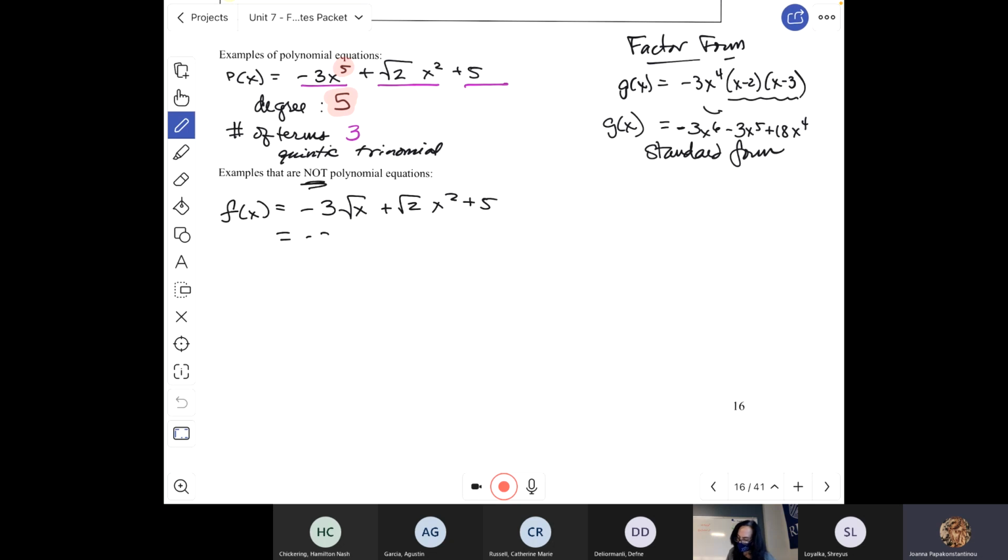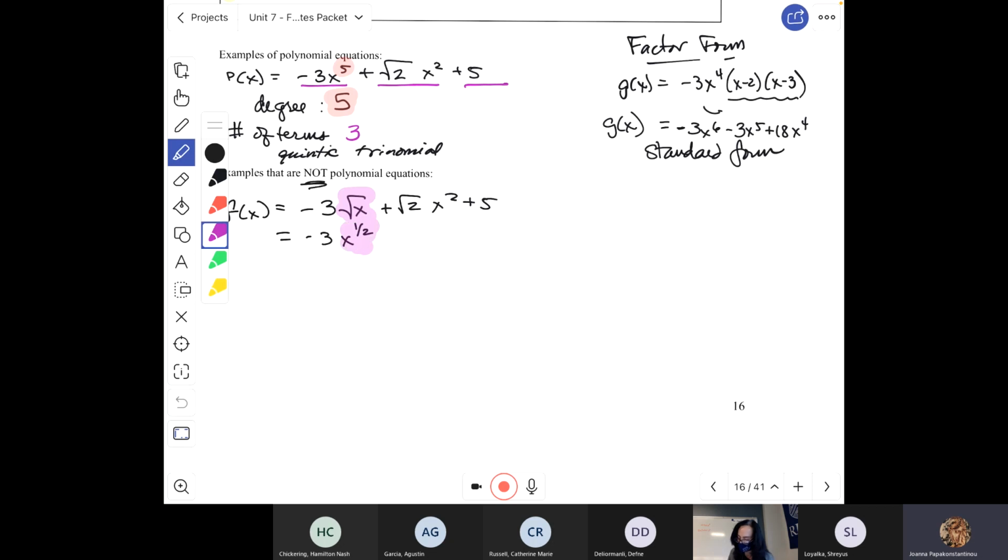That's right. If I rewrote this without the radical expression, what would be the power of x for this term? The power of x for this term is 1/2, right? This is a radical expression. We should be able to rewrite radical expressions with rational exponents.